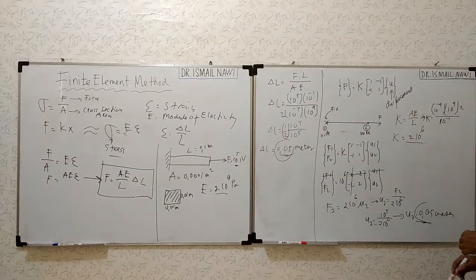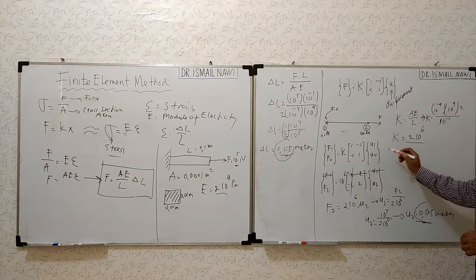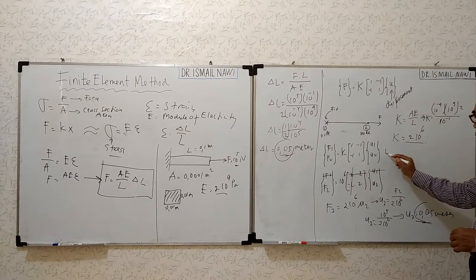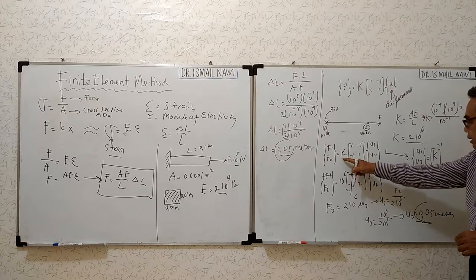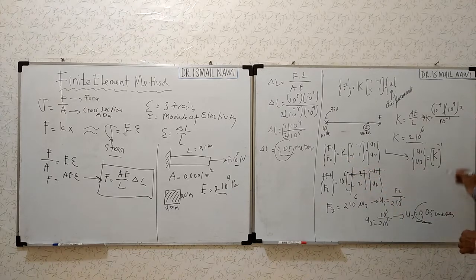Actually, from here, if we deal with more than two elements, we see that the vector of u1 and u2 is the inverse of the matrix k multiplied by F1 and F2.